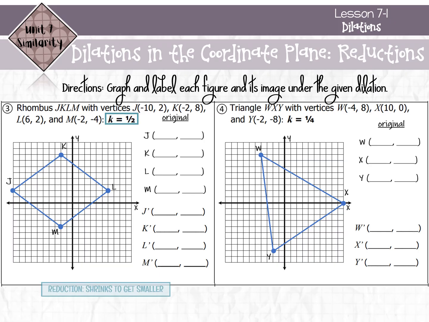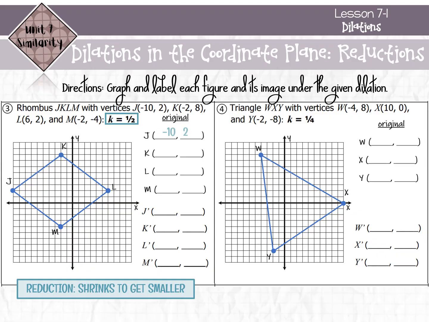So let's bring down our points, J, K, L, and M, just to get it organized. Now what we need to do is multiply both x and y by the scale factor 1/2. And what's really nice is they're all even numbers, so we're not going to get any decimals.